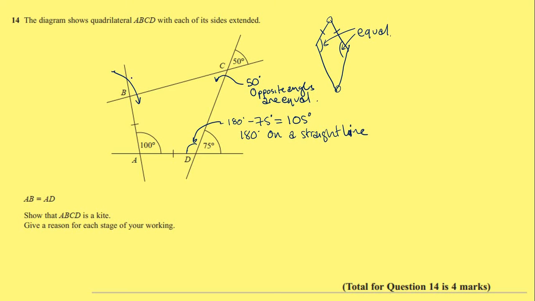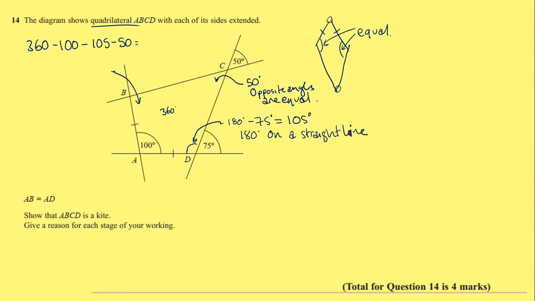Now we need to find out this thing here. Now this shape, ABCD, is a quadrilateral, meaning that the sum of the angles is 360 degrees in total. Now if I did 360 degrees, take away the angles that I have, so take away 100, take away 105, and take away 50, I'll get this angle here.